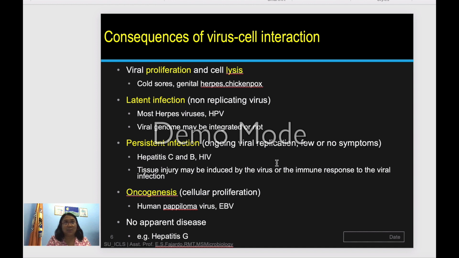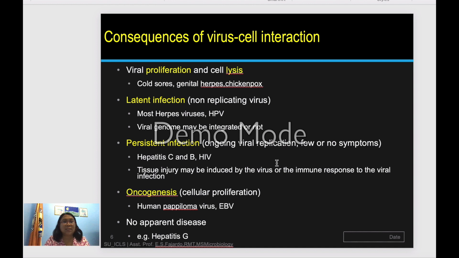However, you notice it when you are already in your ages 20 years after, okay, where the symptoms are already exhibited. So, hinay-hinay siya, and sometimes you cannot notice it, but you are already a carrier of the virus.